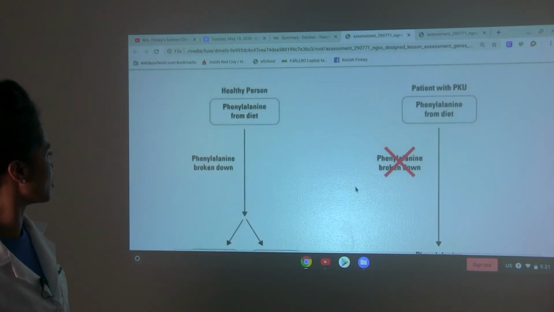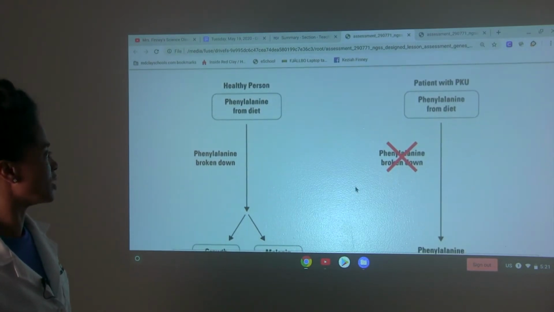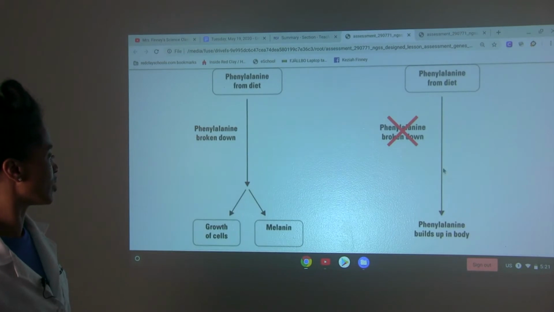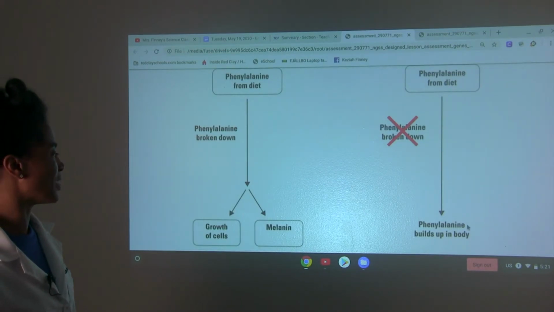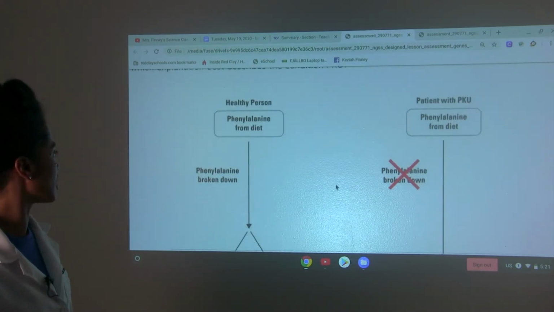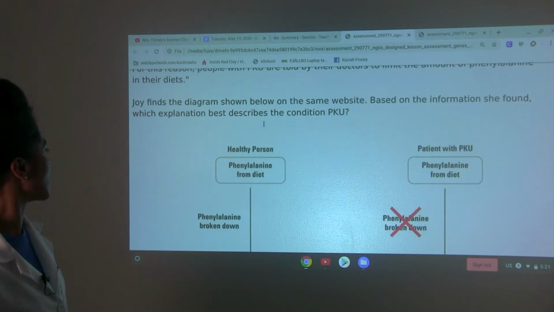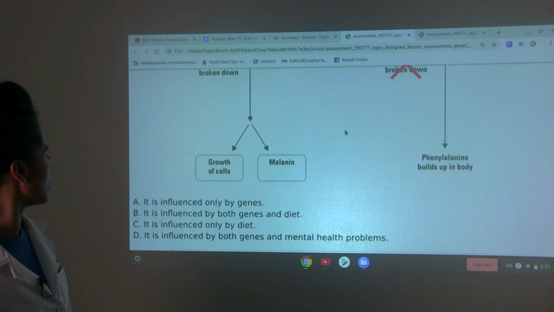On the other side, we have patient with PKU, phenylalanine from diet, does not break down, phenylalanine builds up in body. Okay, so find the diagram based on the information she found, which explanation best describes the condition PKU.